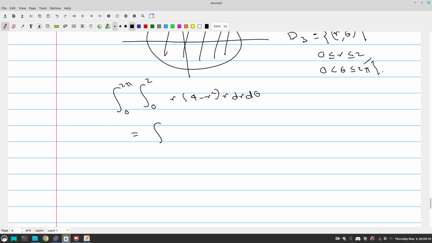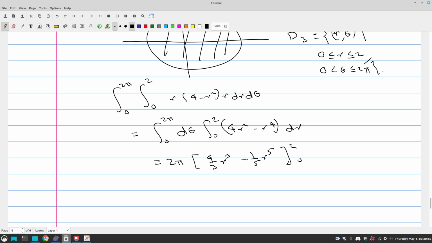You could write this as an iterated integral, 0 to twice pi d theta, 0 to 2 of 4r square minus r to the 4 dr. So this is equal to twice pi, 4 over 3 r cubed minus 1 over 5 r to the 5, from 0 to 2.